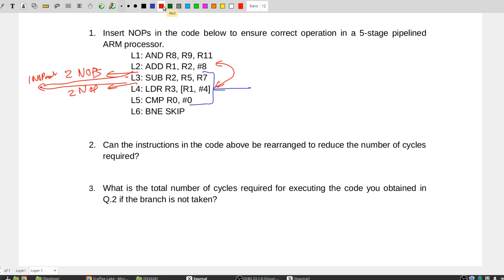Now next, L3 writes to R2. Is it required by any other instruction after that? No, no problem there. Then L4 writes to R3, which is also not required. CMP does not write to any register, but does it change anything? Yes, it changes flags, processor flags, but that is okay because your branch instruction will read it only after your CMP has changed it.